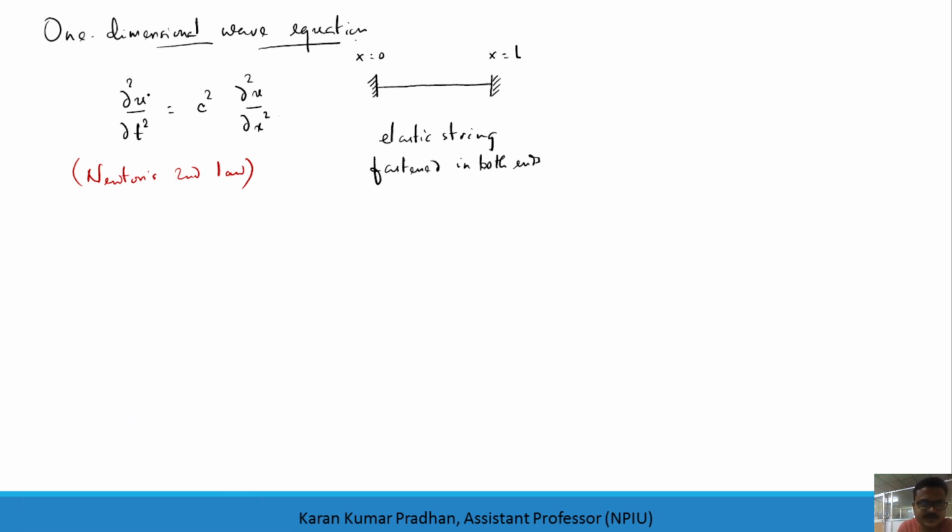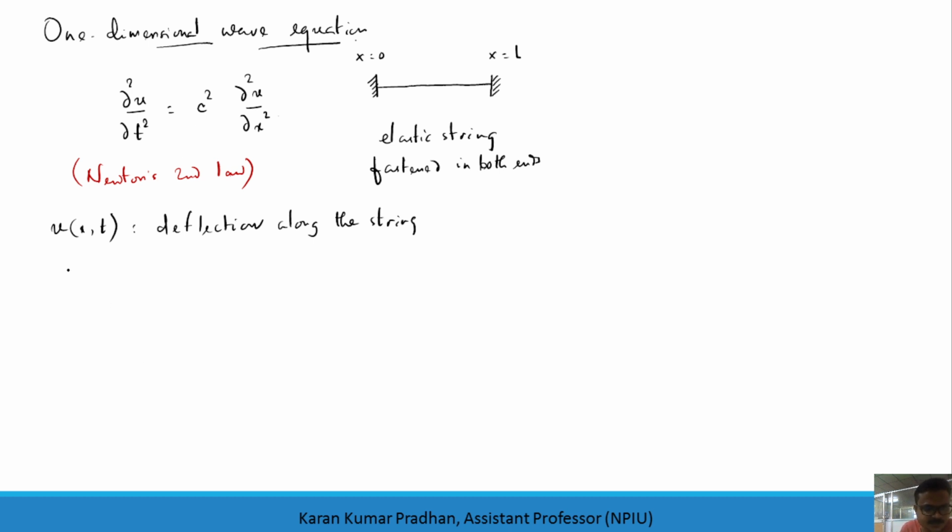Here u is the unknown function, the deflection along the string, and our objective is to find this u. The left hand side is the acceleration, and c squared depends on the tension and the mass per unit length.